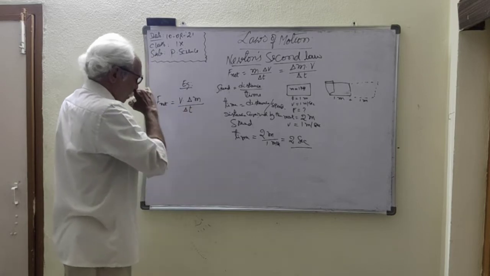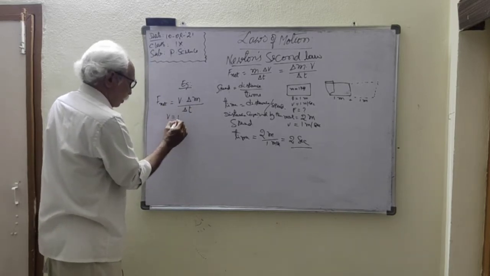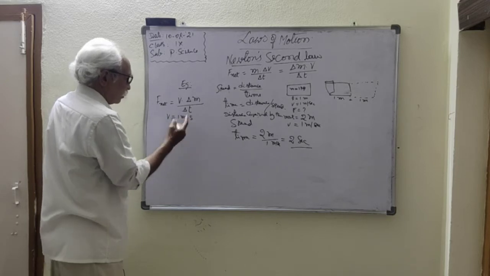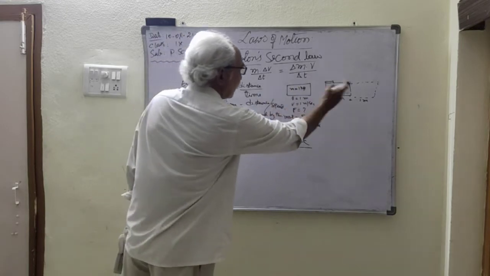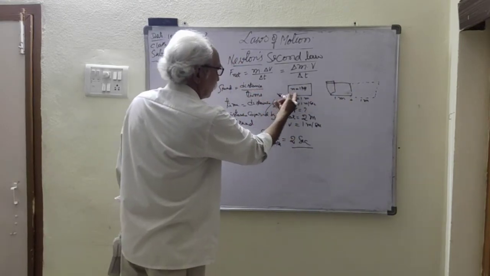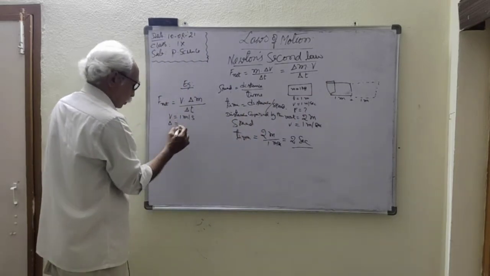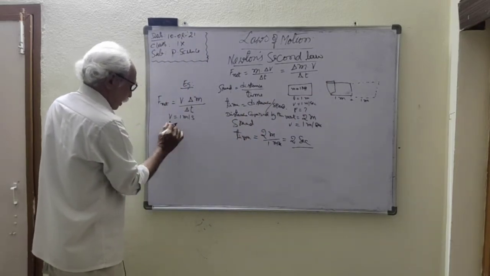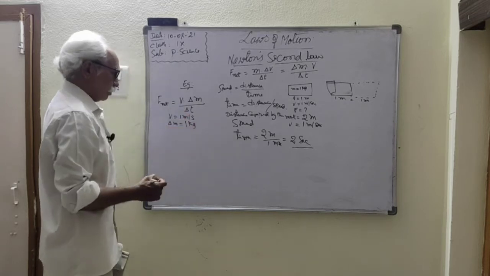In this case, velocity is 1 meter per second, constant. How much mass is changing? The total mass of the mat is 1 kg, so that 1 kg mass is what is changing. Therefore the change in mass is equal to 1 kg.